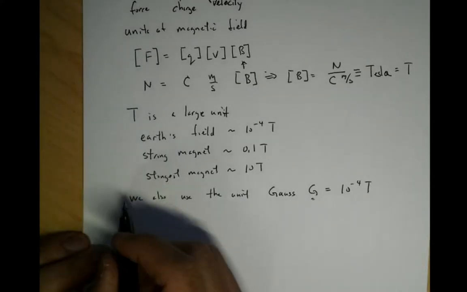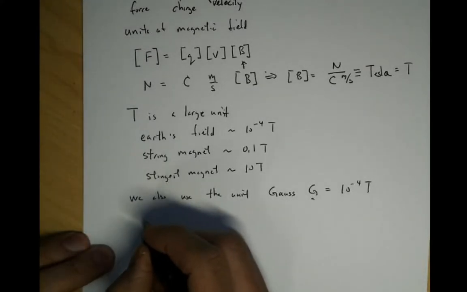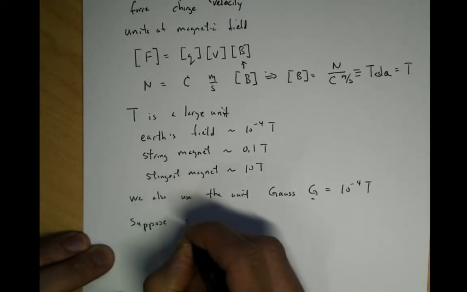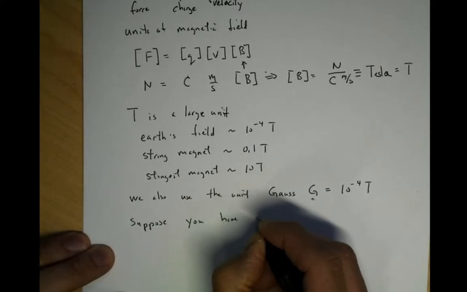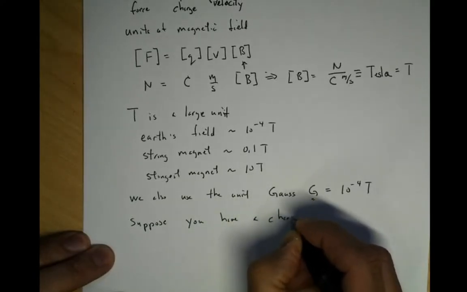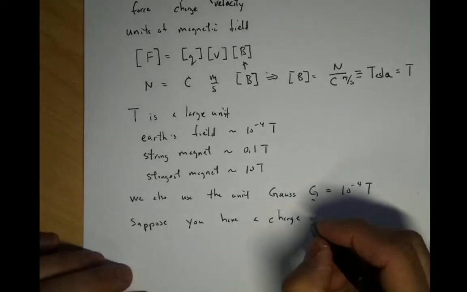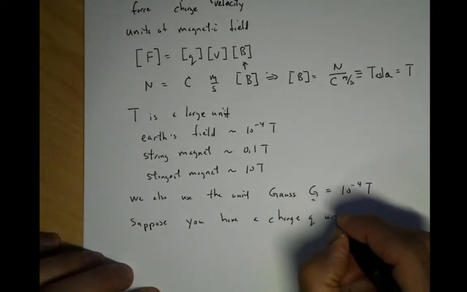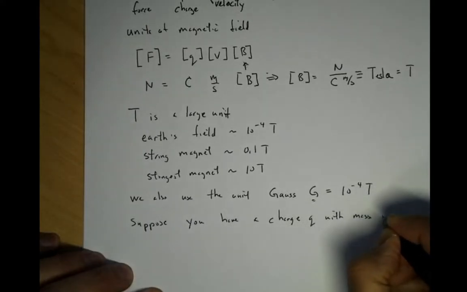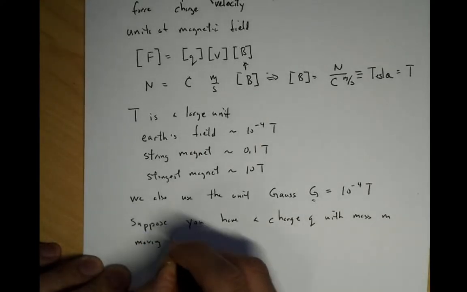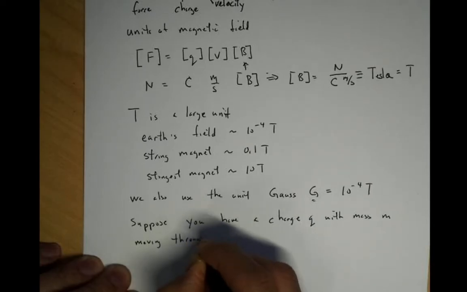Okay, so let's talk about direction, and in order to do that, we're going to have to construct a picture of this. Suppose you have a charge Q with mass M moving through a B field.